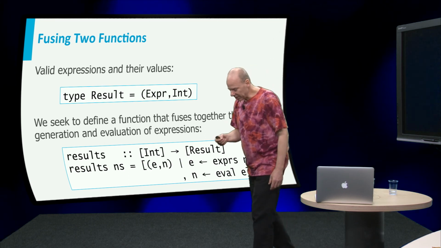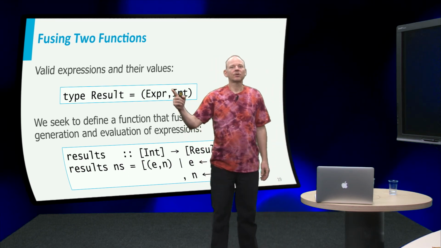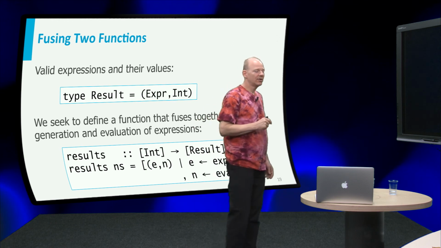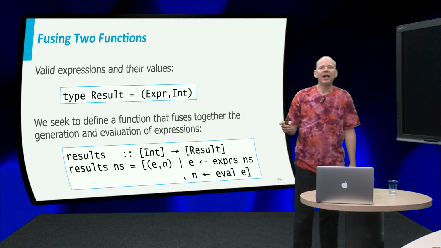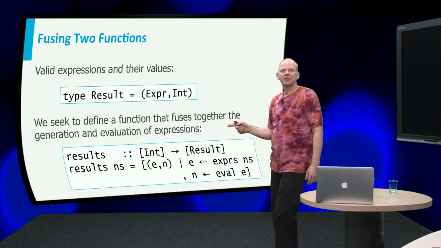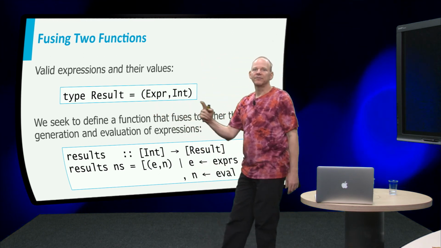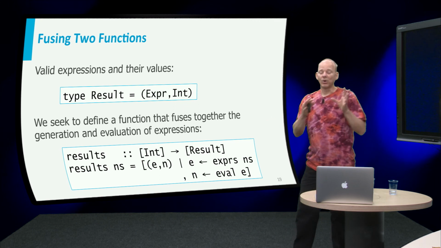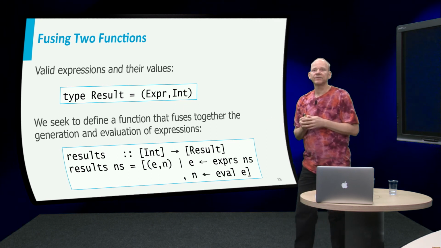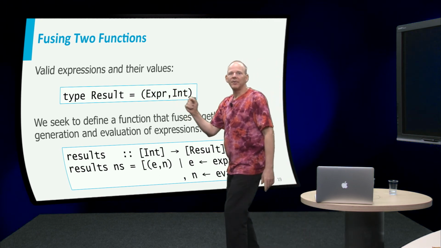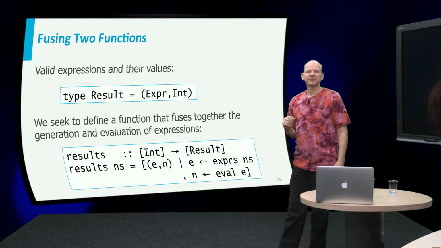The way we're going to do that is to look at pairs of expressions and their values. So this is the expression and this is the value. We carry around both the symbolic representation and the numeric representation of the expression.